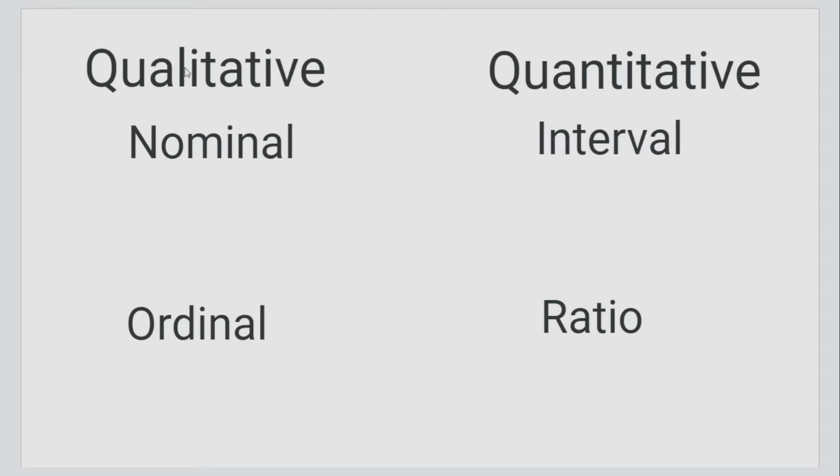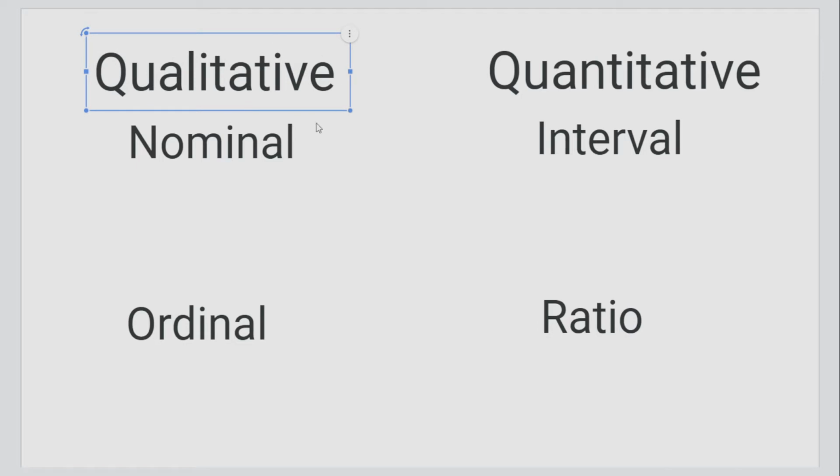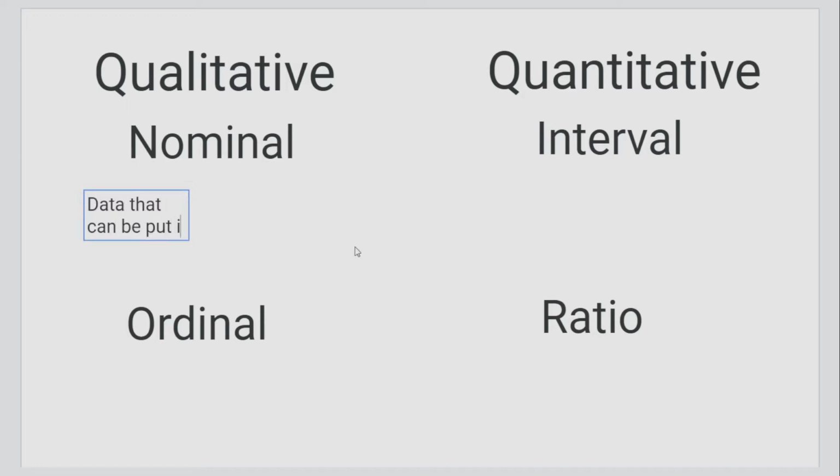So qualitative data, again, data that has no numerical value, can be further categorized into nominal and ordinal. Data that is nominal are data that can be put into categories but cannot be ranked.